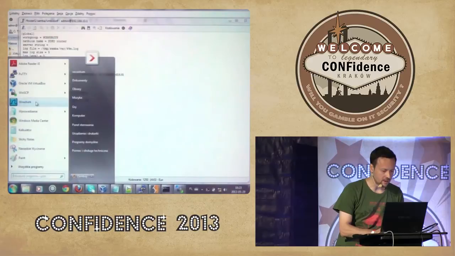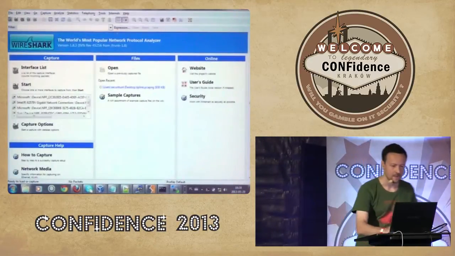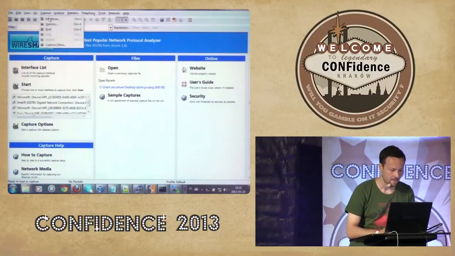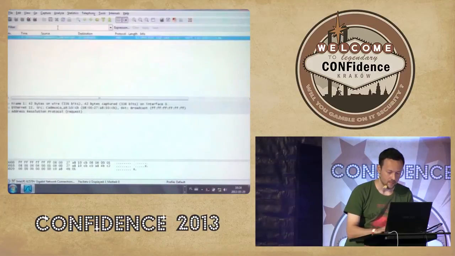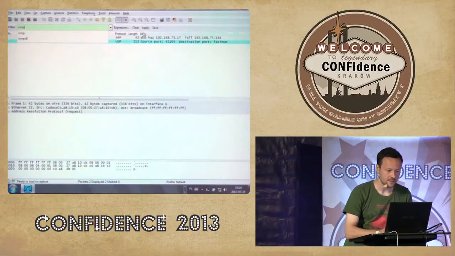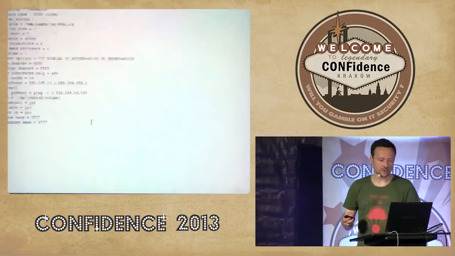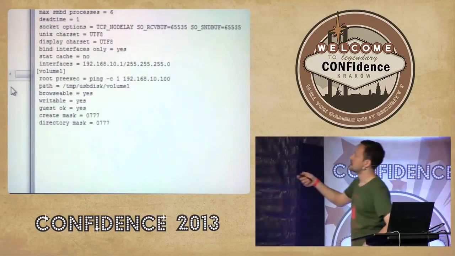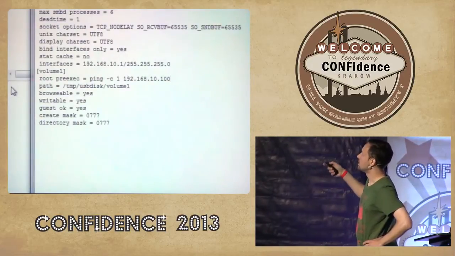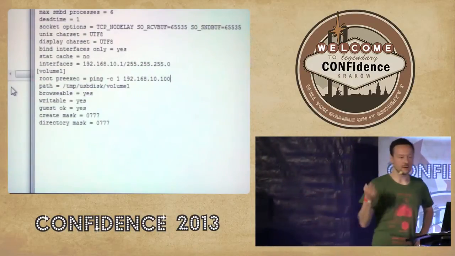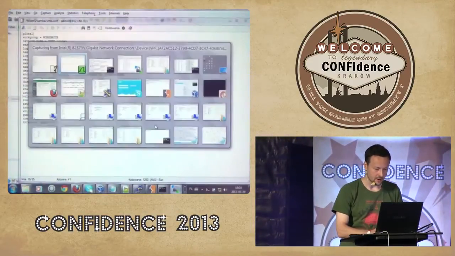Now I have to run Wireshark to see if those pings are coming to me. I'll put here an ICMP filter. And now, if it works okay, when I access this volume 1, this command will be executed, so I should see this ping on my Wireshark. So let's try it.